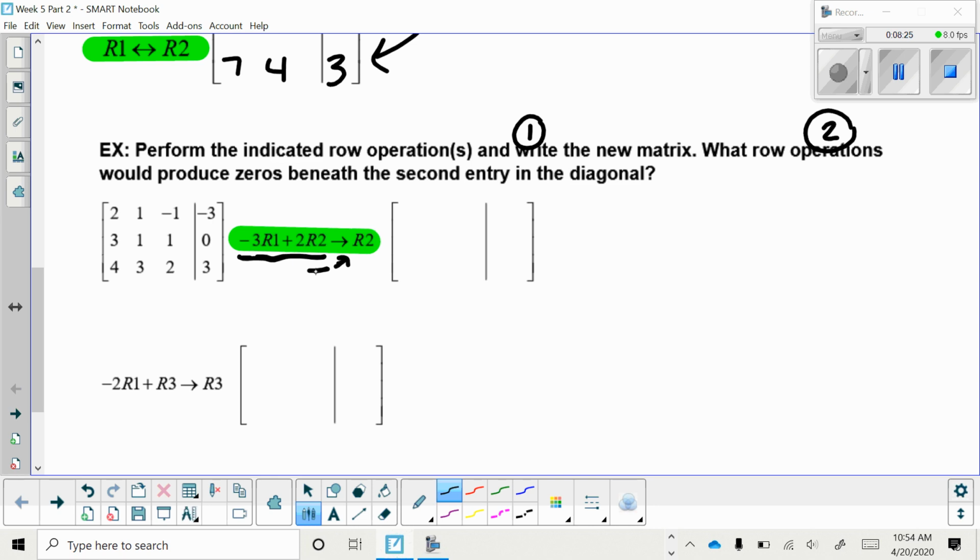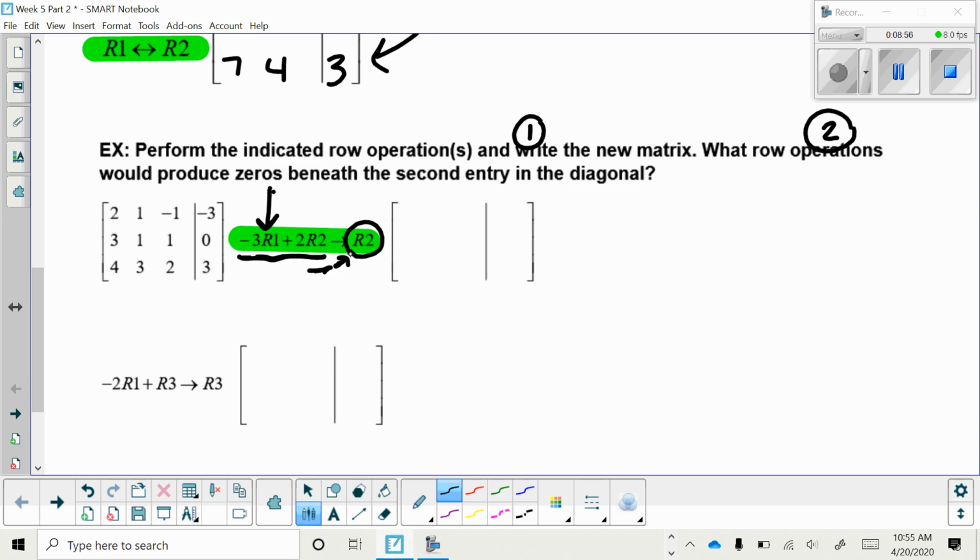Please understand, I'm doing -3 times R1, but this is not a permanent change. The only thing I'm permanently changing is row 2. So this math, the -3 times row 1 and the 2 times row 2, is just math I'm doing as a means to an end, as a way of getting a new row 2.